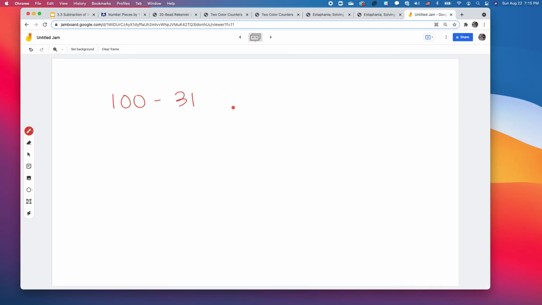Okay, so to find this, you can think about partial sum. So you have 31 here, and you are adding some number, and you get 100. It's exactly the same thing, right? Remember the fact family, right? So you're gonna find what is the missing addend here using the missing addends model. And then you can just do 31 plus 9 is 40.